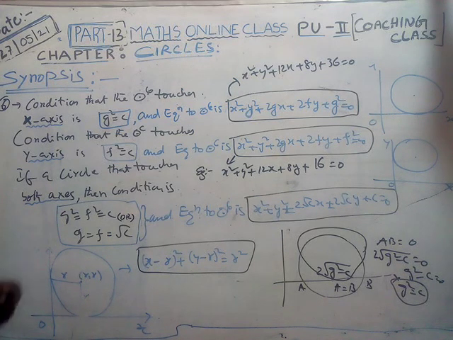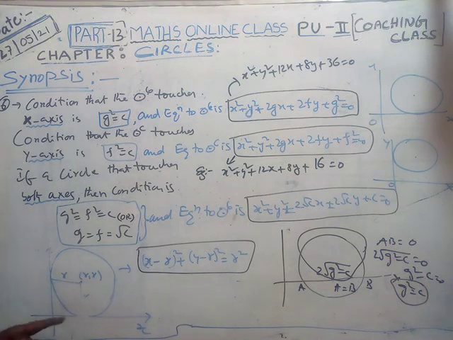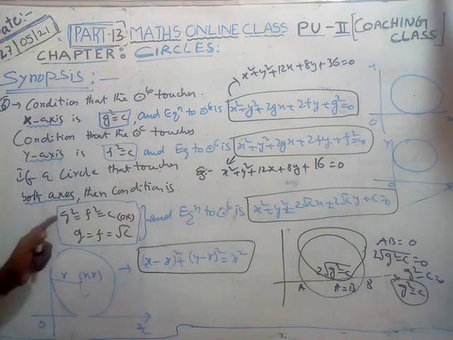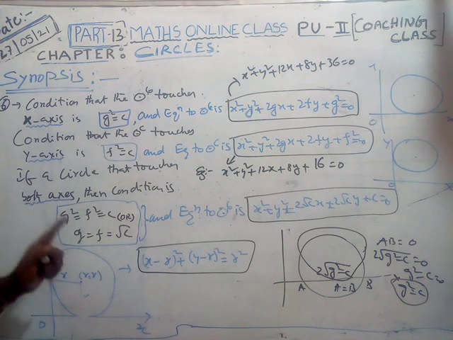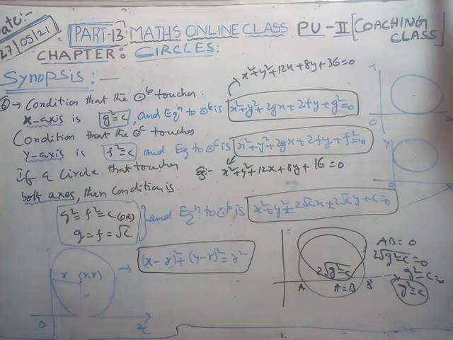Now we'll go to the next concept. The condition that touches the x-axis, the condition that touches the y-axis and their equations are given. If the circle touches both the axes, here is a very good concept: g square is equal to c and f square is also equal to c. That means g is equal to f is equal to root c.